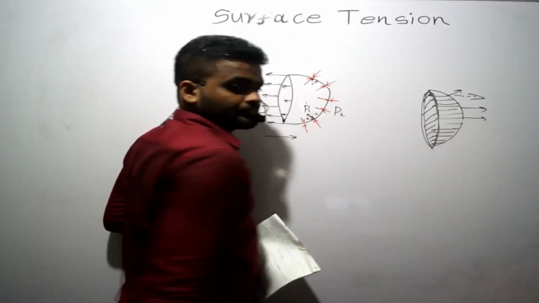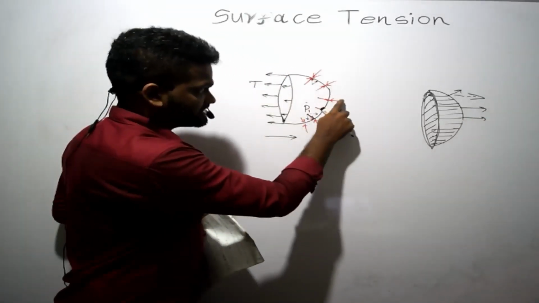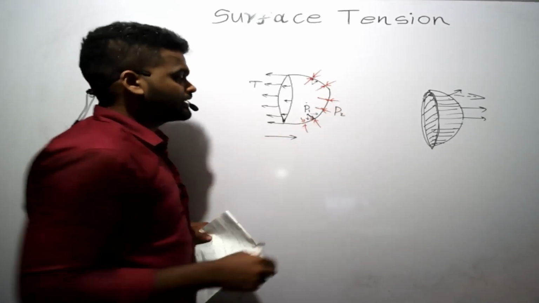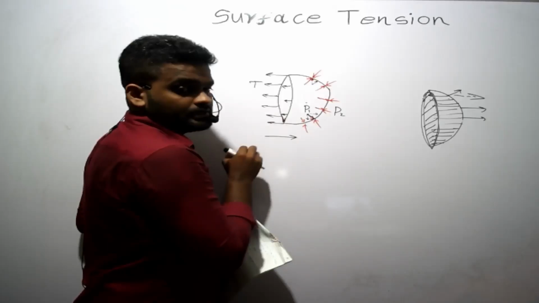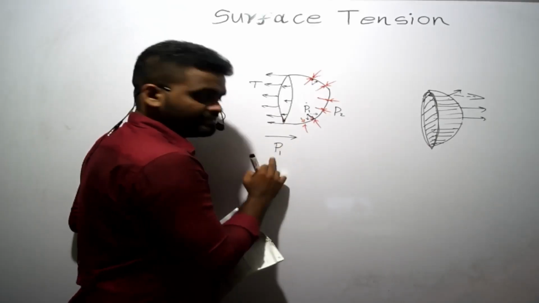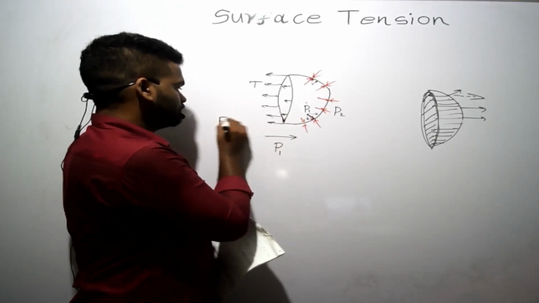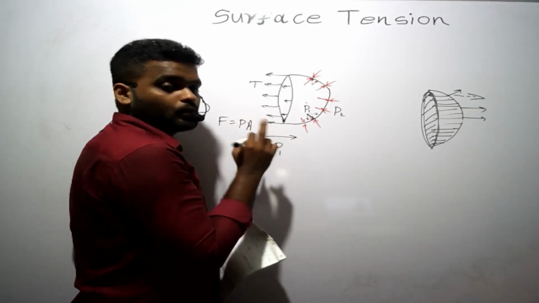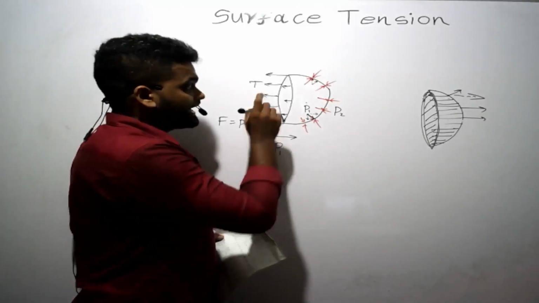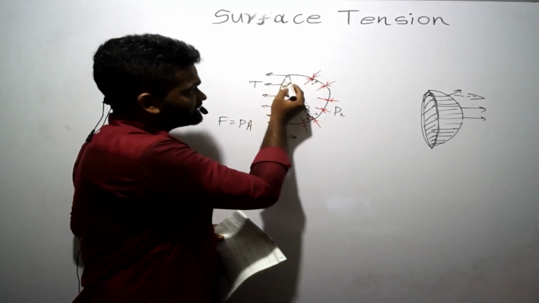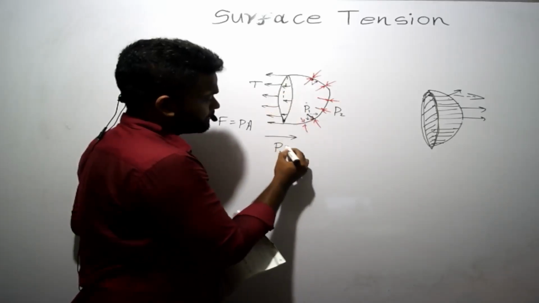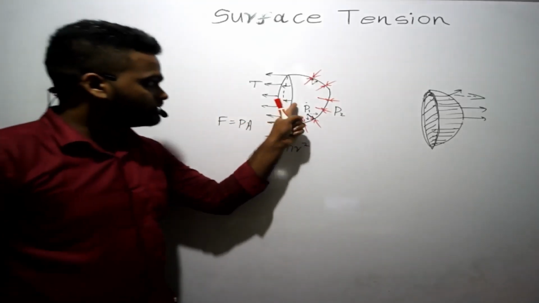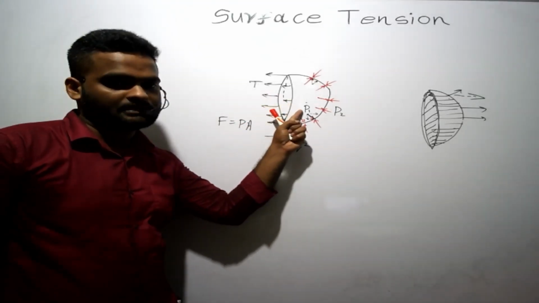It is true for internal pressure forces and external pressure forces. First I'll consider P1. Force is pressure times area. P1 is the pressure, and the area is this area, pi r squared. So this is the total force caused by P1.